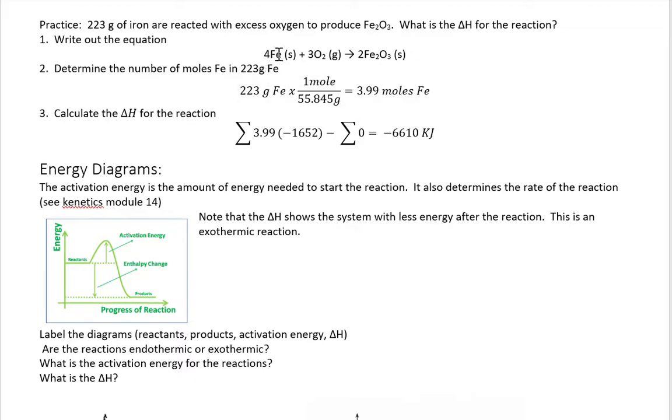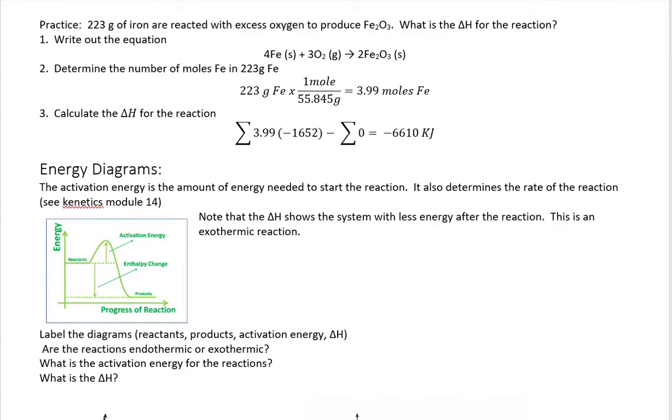It takes 4 iron, and those are solids, 3 oxygens, and those are going to be gases, and 2 iron oxides are formed in our product. So we're going to look up the delta enthalpies of formation of our products and subtract from that the delta H's of formation of our reactants and solve the problem.